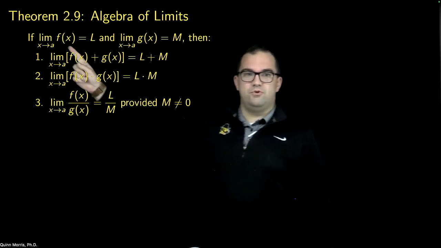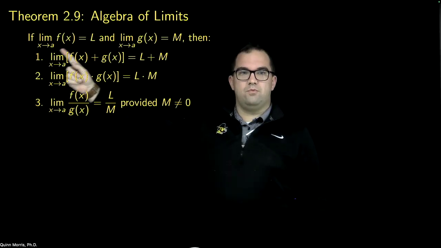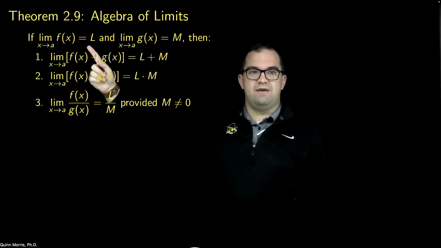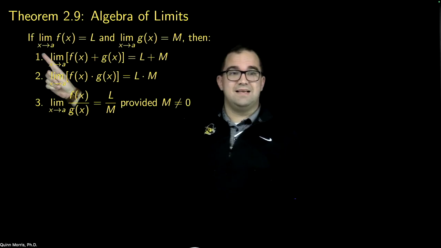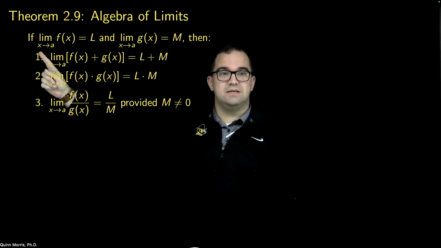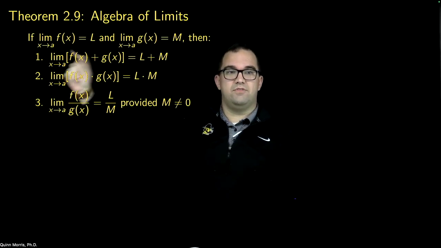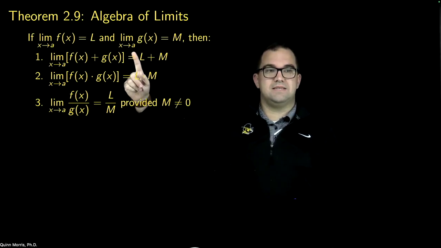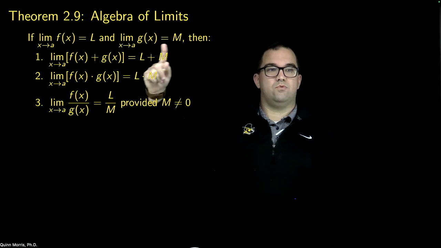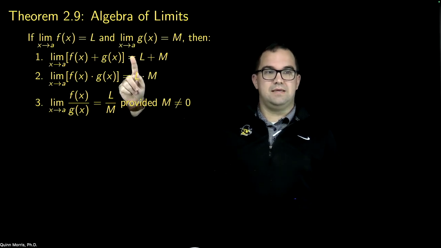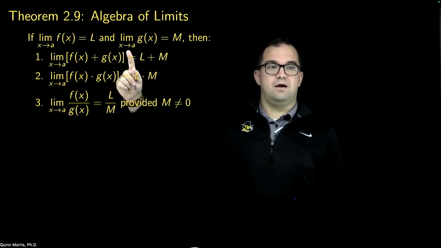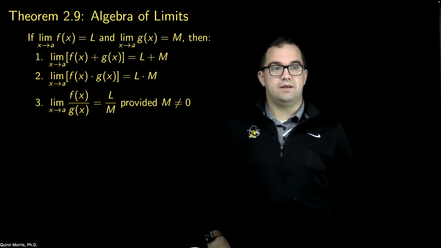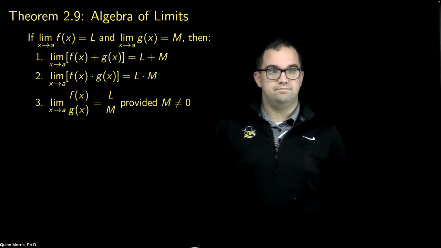However, the fact that we write the limit as x approaches a of f of x is equal to L necessarily means that a is an accumulation point of the domain of f. The fact that we write the limit as x approaches a of g of x is equal to m necessarily means that a is an accumulation point of the domain of g.